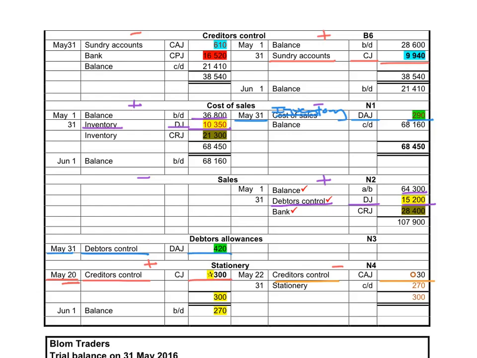So the amount in your stationery account and inventory account on the credit side will equal the amount on the debit side of the creditor's control. Because this 610 is divided between two accounts on the credit side, we will indicate sundry accounts, so the amount is not posted to a specific account, and we will show that this was posted from the creditor's allowances journal.